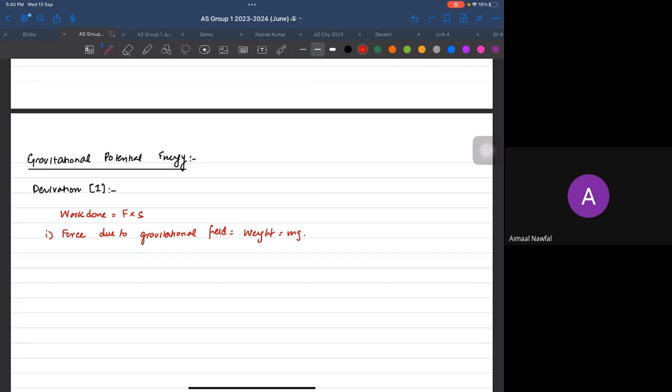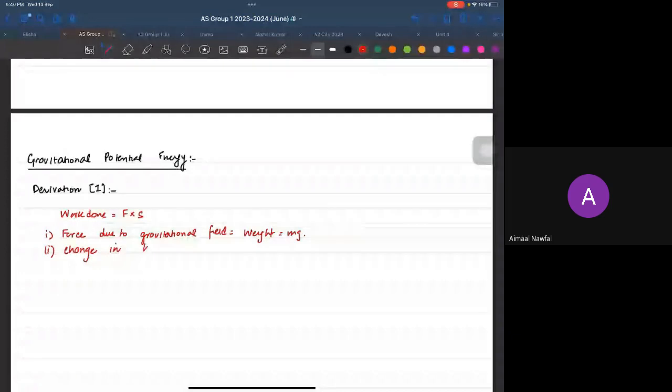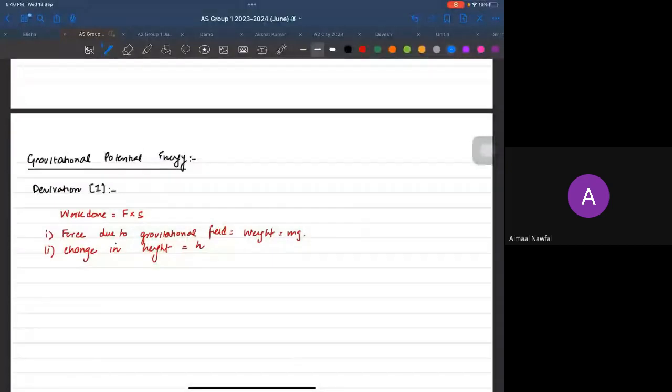So we're going to write that. And whenever we lose or gain gravitational potential energy, there has to be an involvement of change in height, which means you got to either gain it by going up, you got to lose it when you are going down.